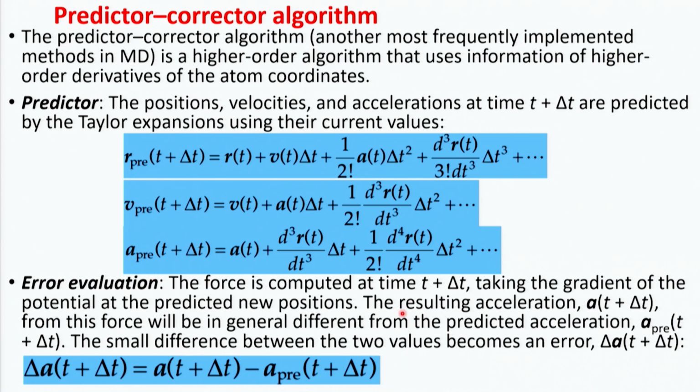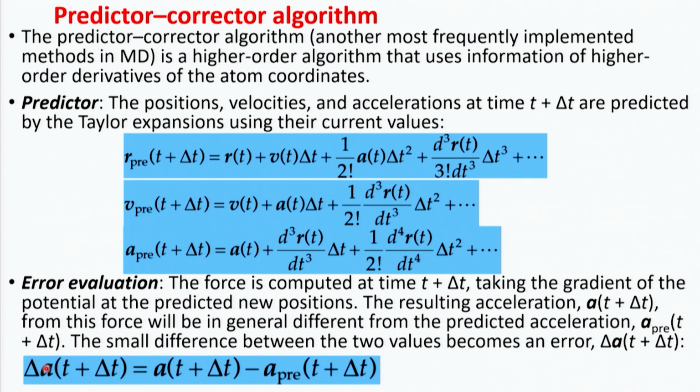This resulting acceleration a at t plus delta t from the force will in general be different from the predicted acceleration. So we take the difference of the two, and you get the error in the acceleration.